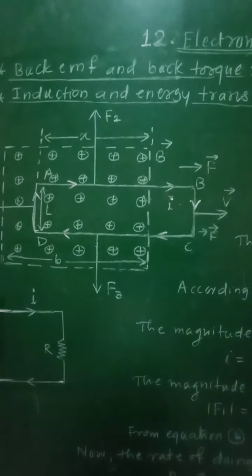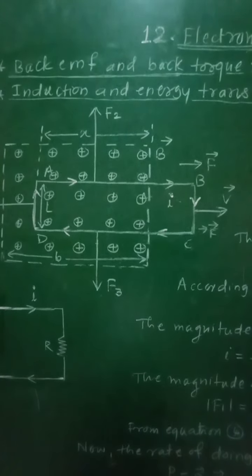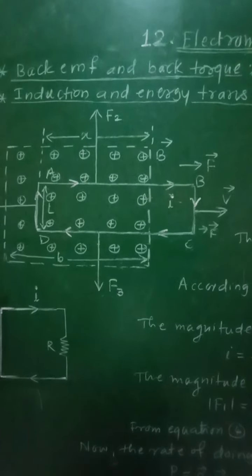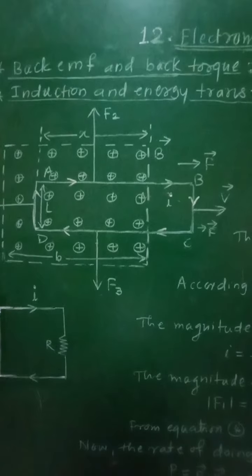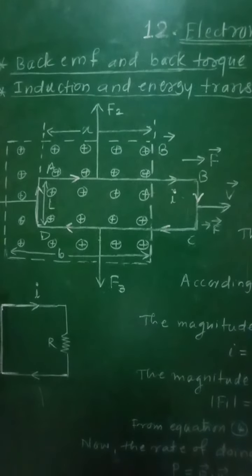Initially, when the motor is just starting off, that is, as soon as it is switched on, its armature is not rotating or turning, and hence it is not producing any back EMF.